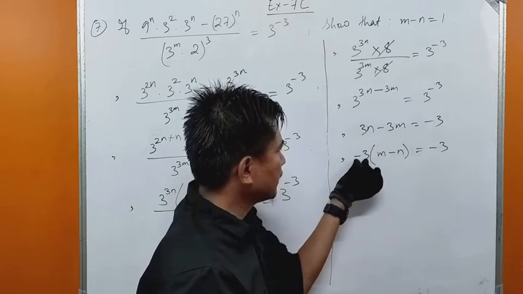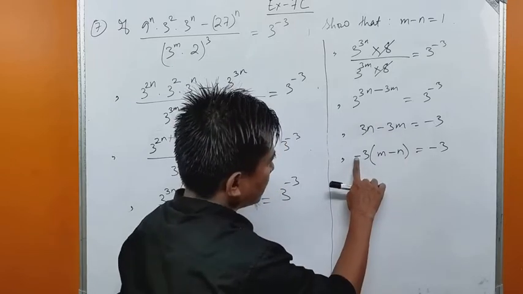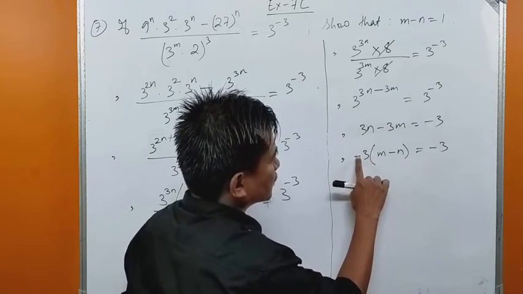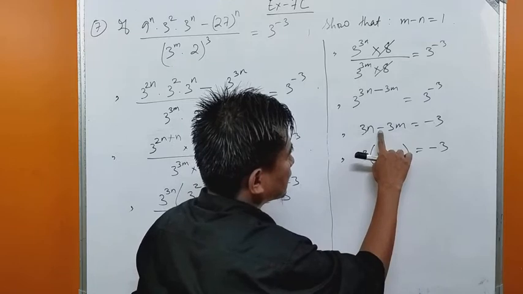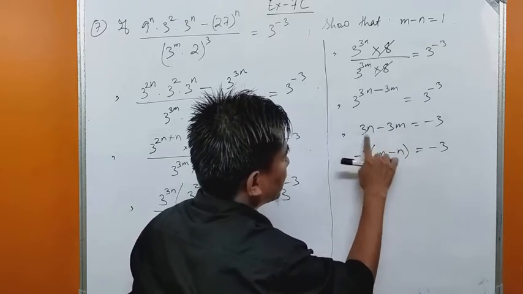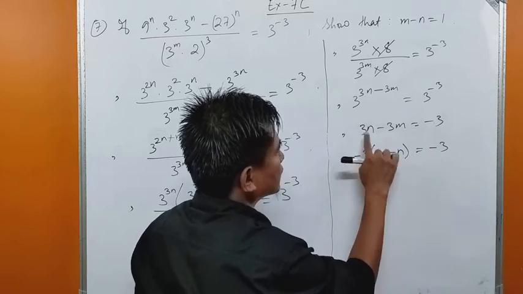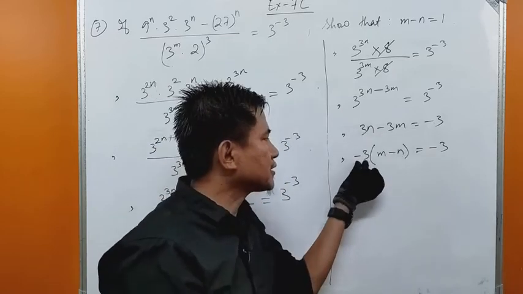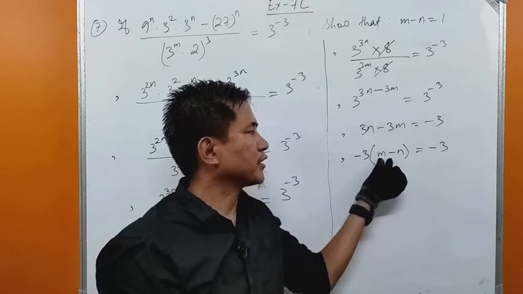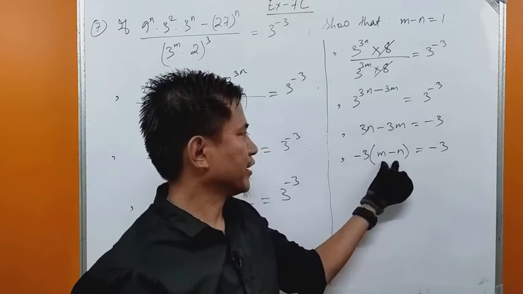So minus 3 into plus m is minus 3m, and minus into minus is plus, 3 into n is 3n. So when we take the minus sign common, the negative numbers become positive and the positive numbers become negative.